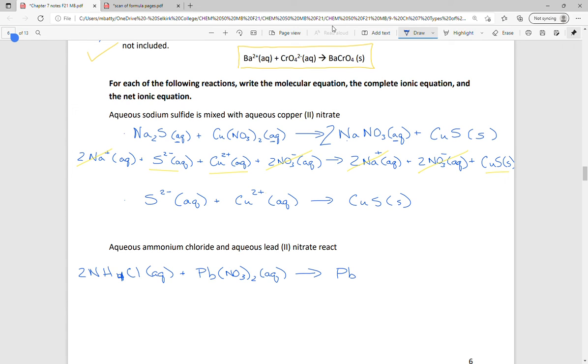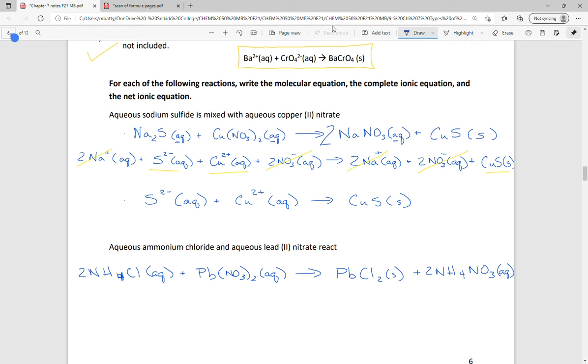Oh, I did them in the opposite order this time. So that would be my molecular equation.